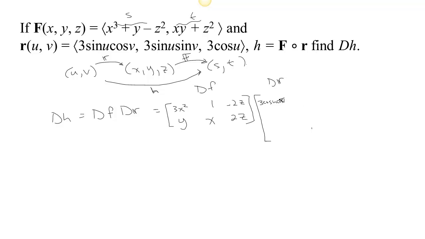So 3 cos u cos v, and then the partial of this first one with respect to v, the derivative of cosine v is minus sine v, so we get negative 3 sine u sine v.